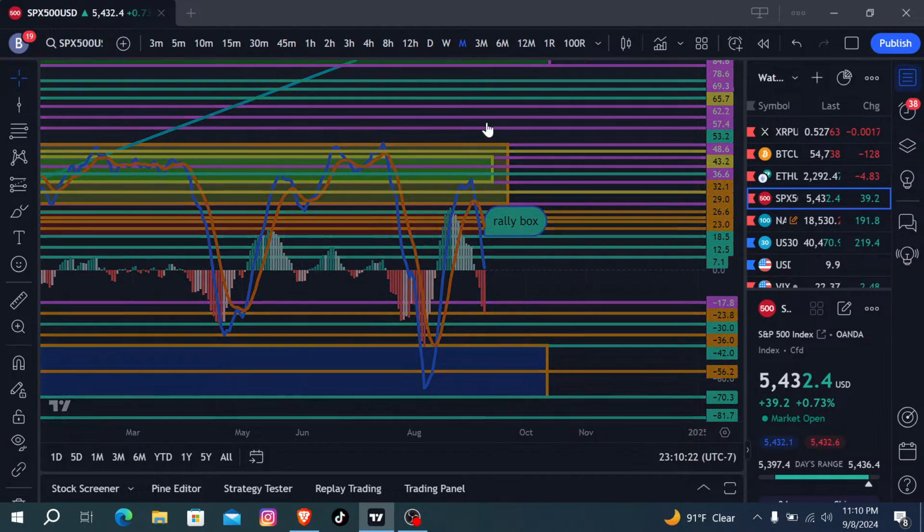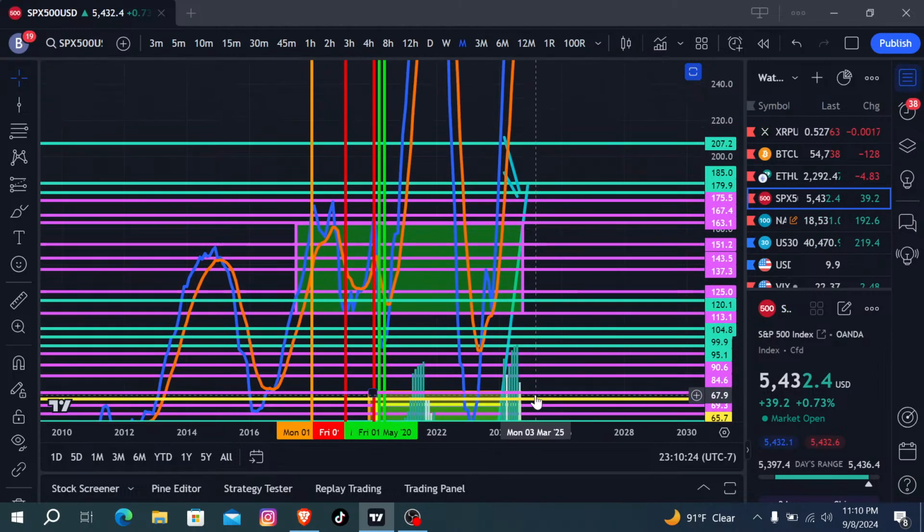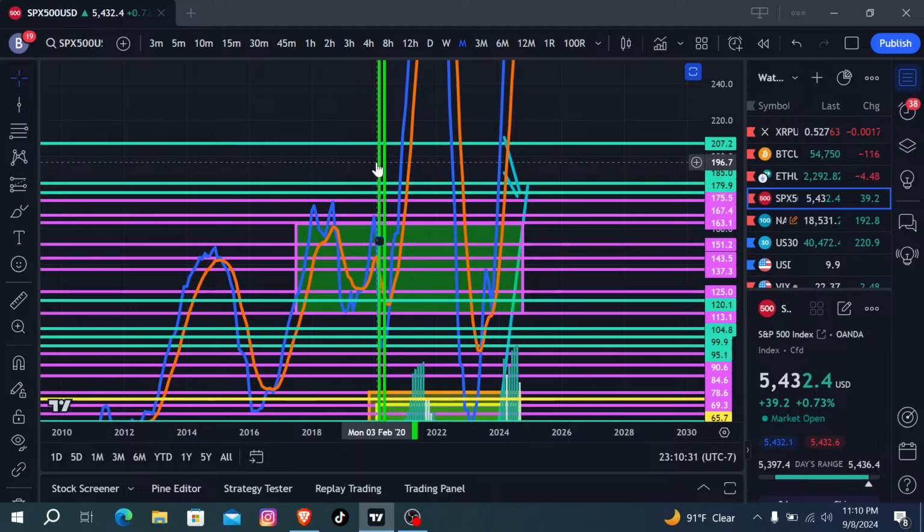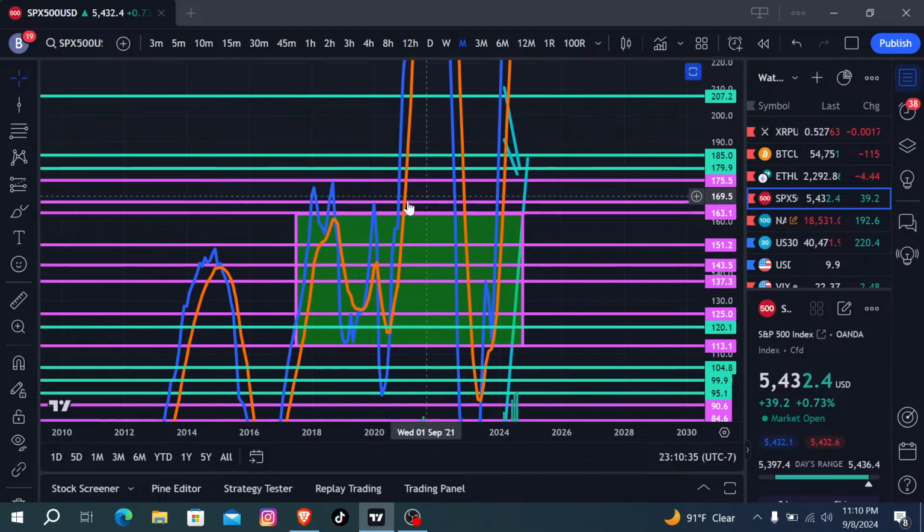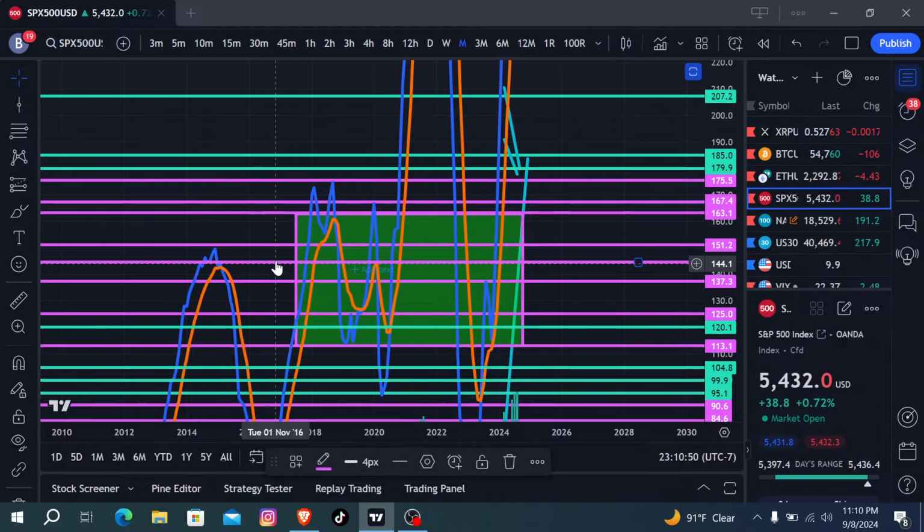So what I do, I go to the monthly, and I marked, let me erase all these. I was comparing something. I mark every tip, whether it be orange or blue. I'll mark it off. Now here's another one, and another one, and so on.